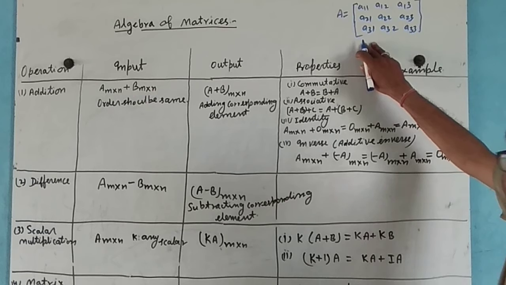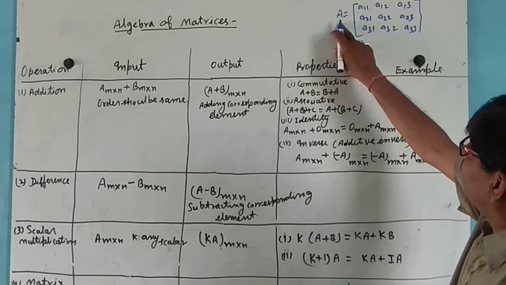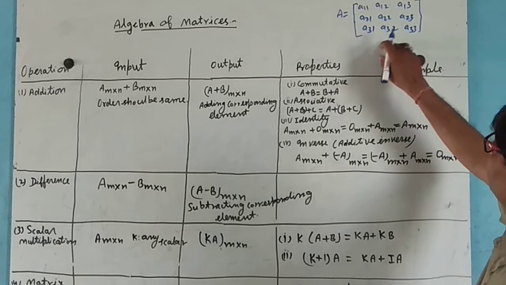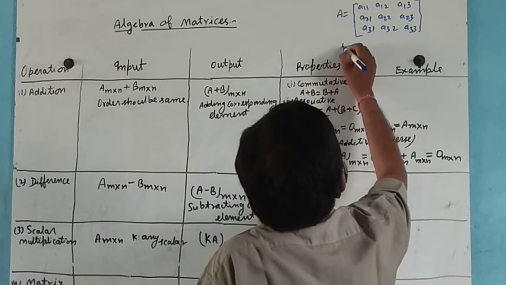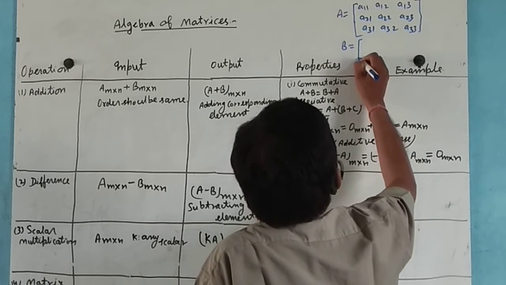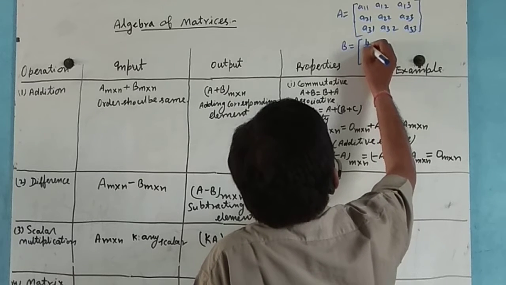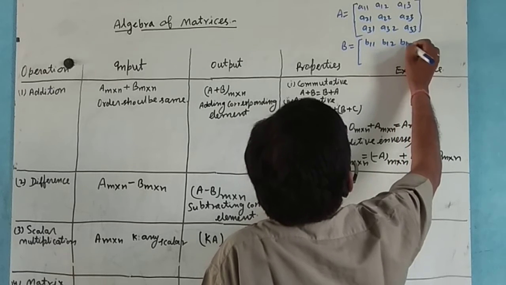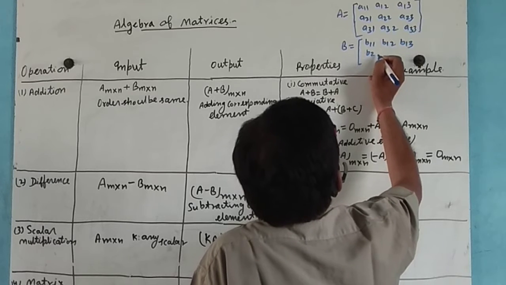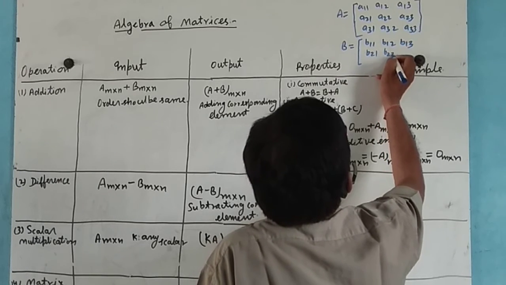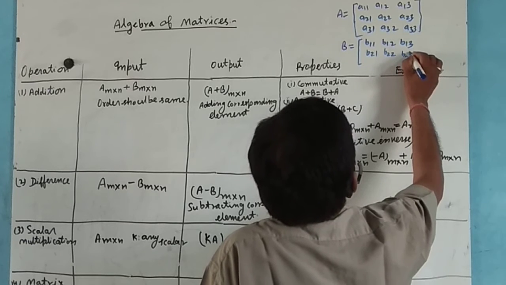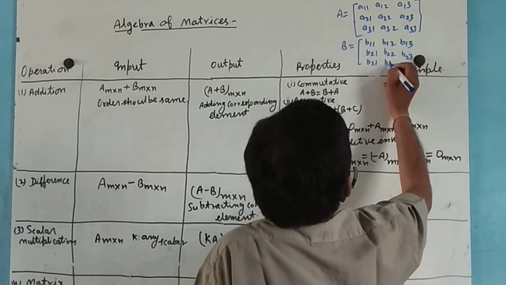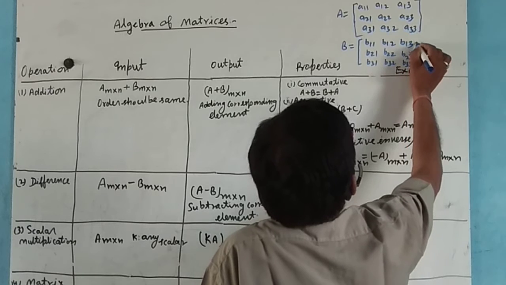Here this is a matrix A with A11, first row, second row, third row, first column, second column, third column, and B is another matrix with B11, B12, B13, B21, B22, B23, B31, B32, B33.